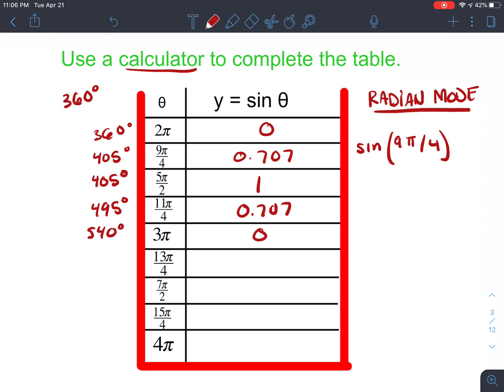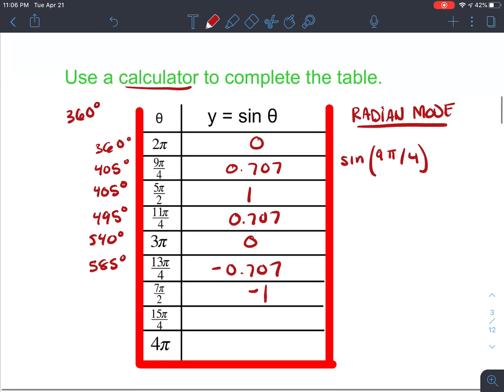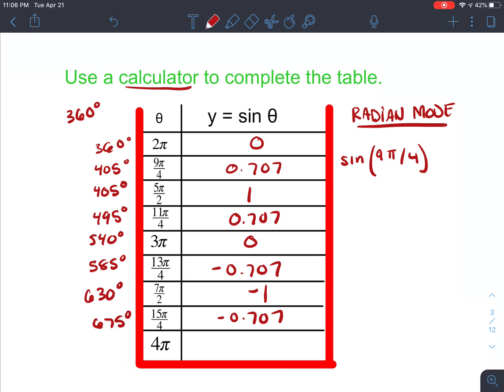That's equal to 540. 13 pi over 4, you type it in. You get this value, which is 585 degrees. 7 pi over 2 is negative 1. 630 degrees. 15 pi over 4 is negative 0.707. 675. And 4 pi is 720.